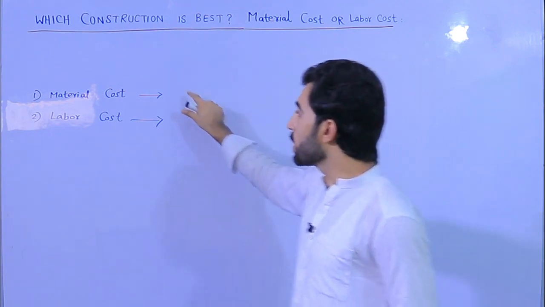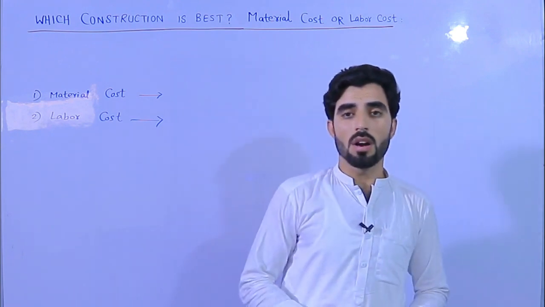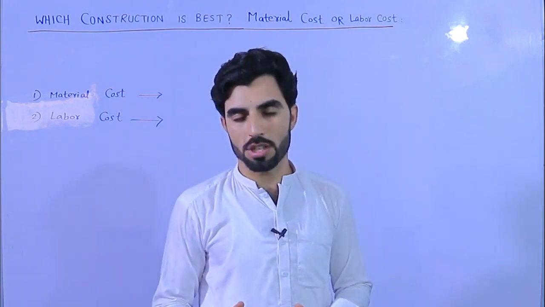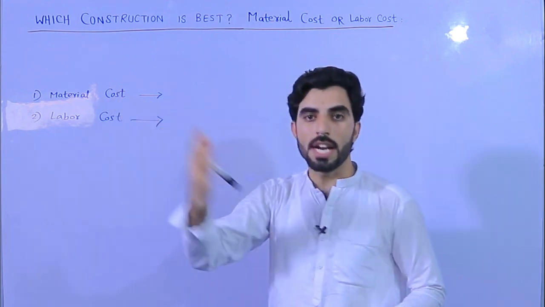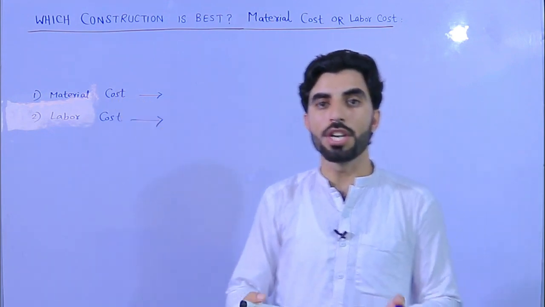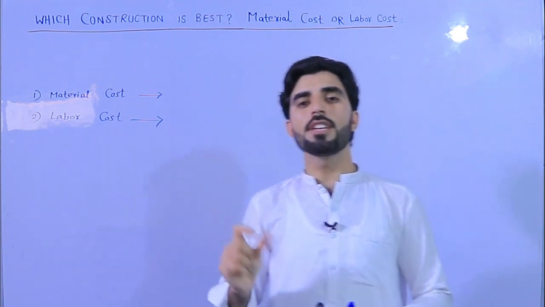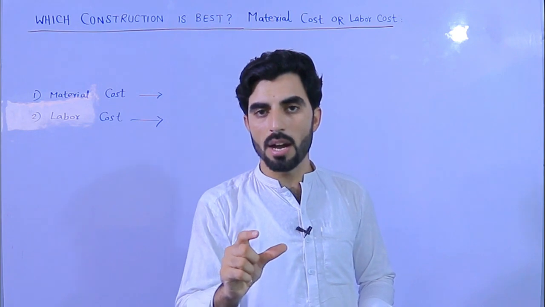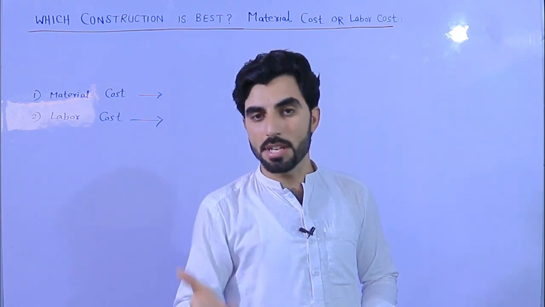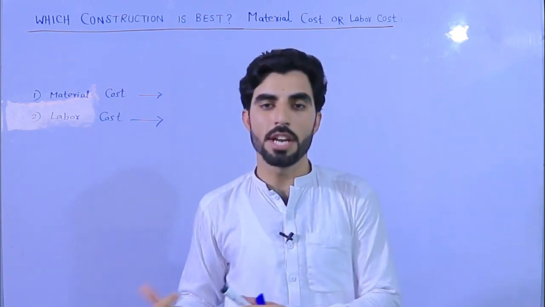Remember guys, in material cost, the owner of the project doesn't need to bring material to the site for house construction. They don't need labor, because they will just pay for the covered area, whether in square feet or square meter.